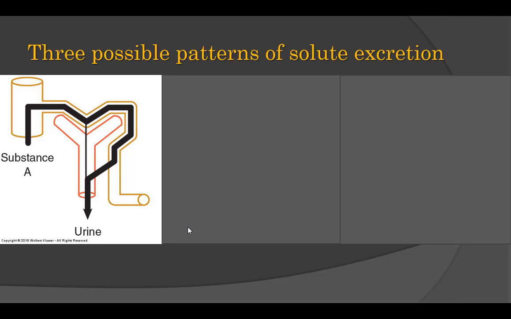All right. Now imagine this substance A, it got filtered but not much. Very small amount was filtered. And then it was passing along the tubules in the capillaries, and it was actively secreted into the tubules. Okay?